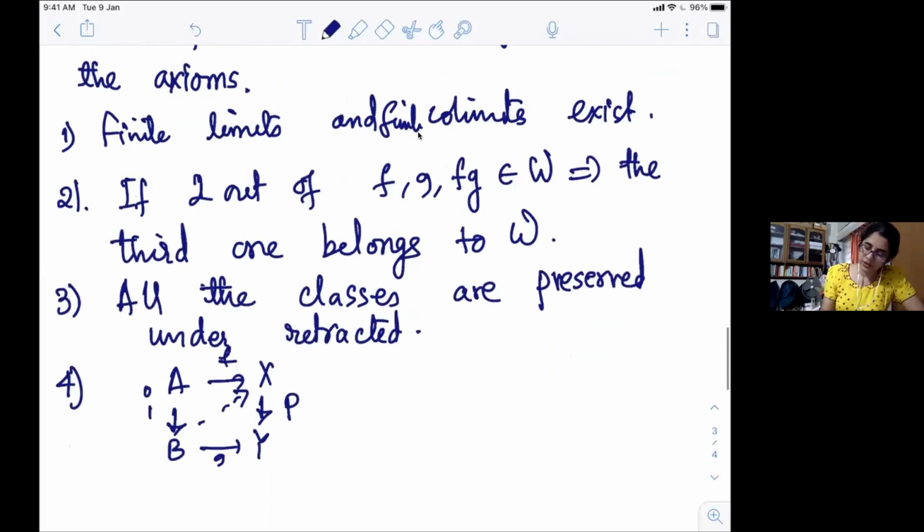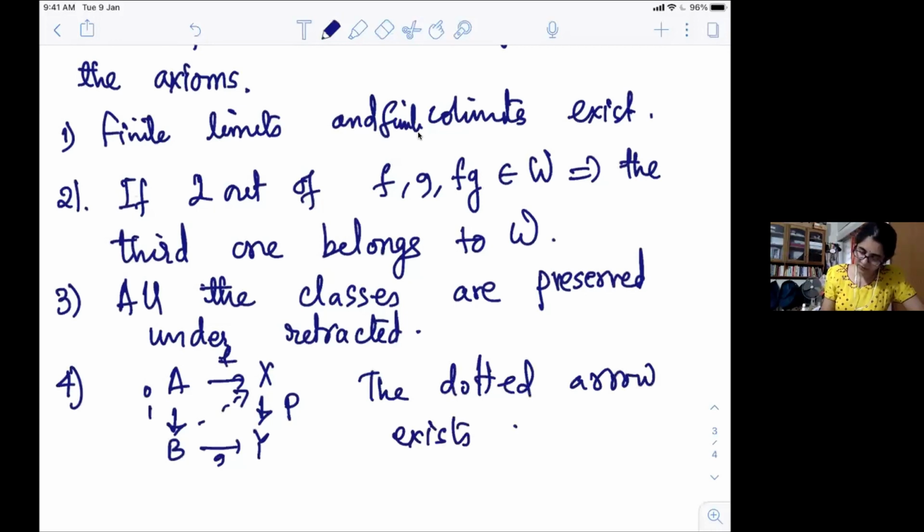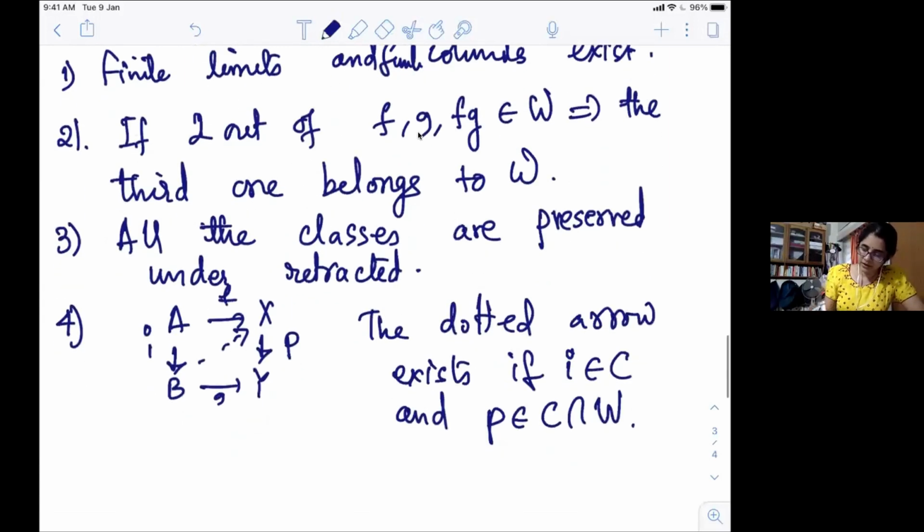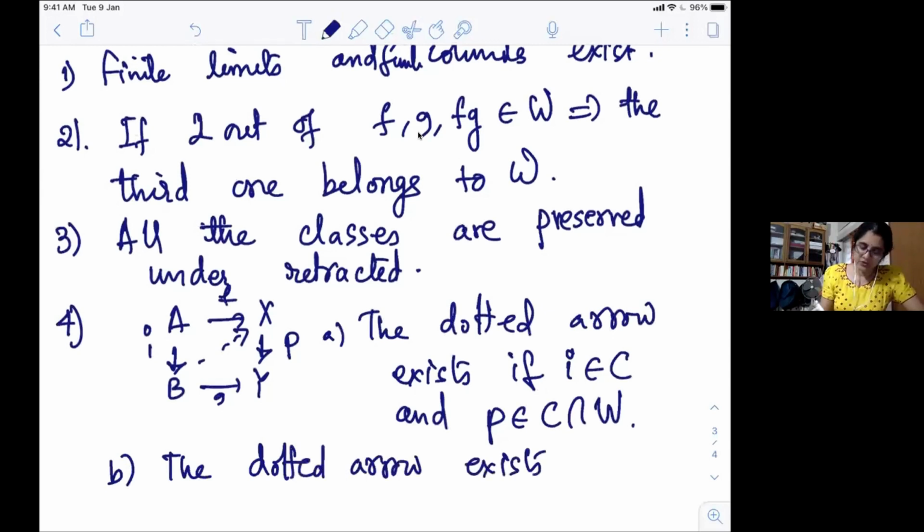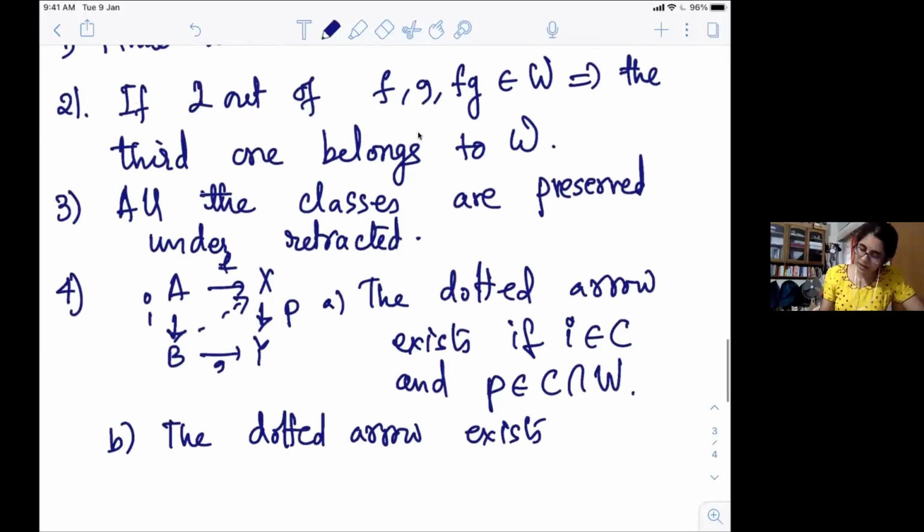They don't play a role. But if the dotted arrow exists, if i is a cofibration and p is both a fibration and a weak equivalence. Similarly, the dotted arrow will also exist, so basically there is a lifting map like this.